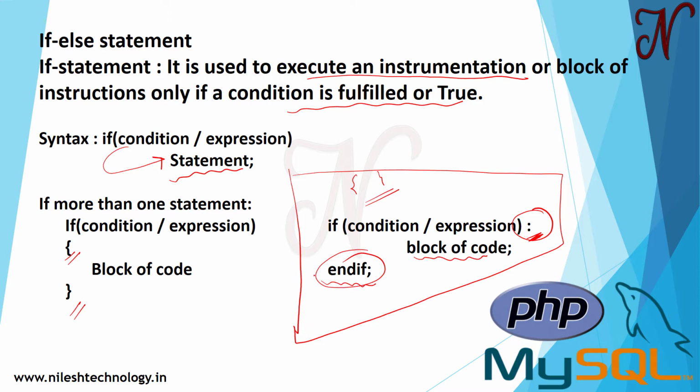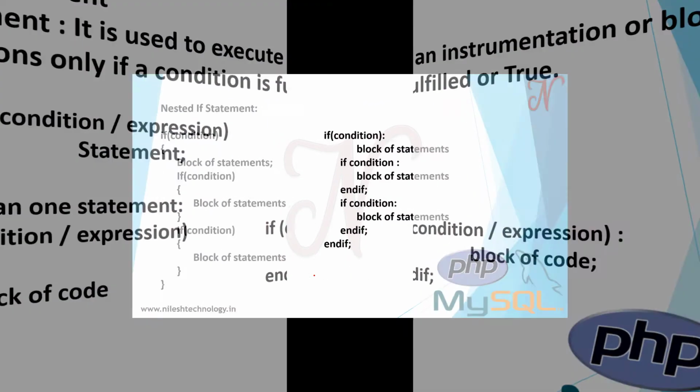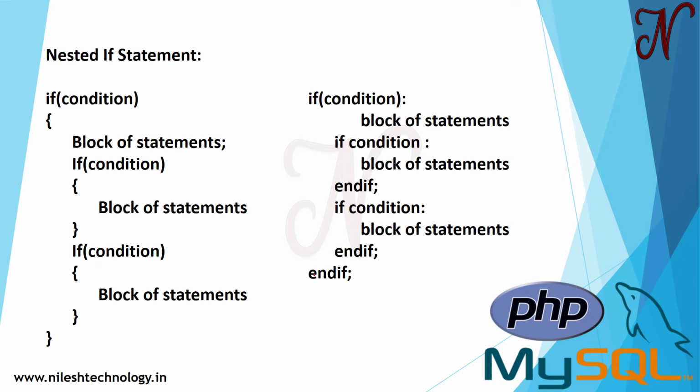Okay. Next is the nested if else. When you define one if inside another if, it is called a nested if. See here, this is the common syntax. They are also useful, and this is the new syntax in PHP.